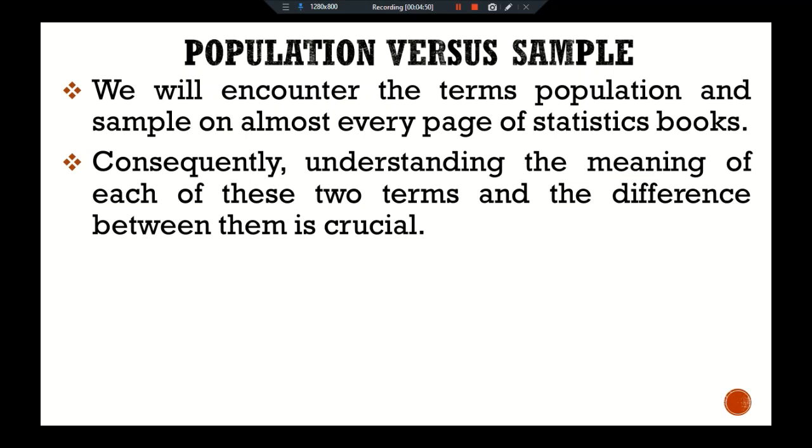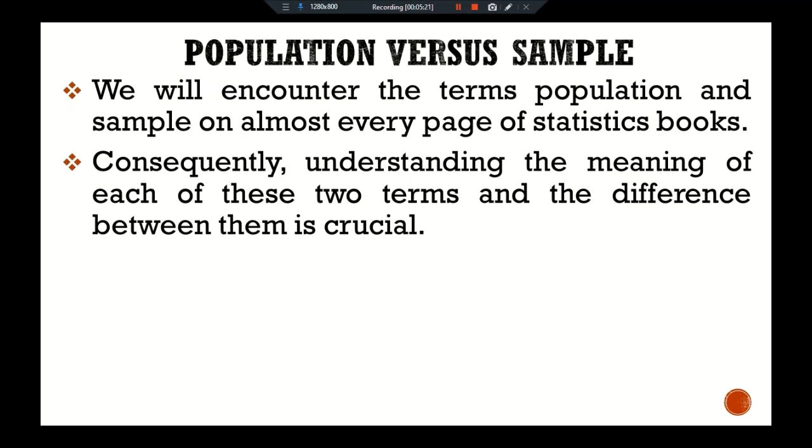The 2009 gross sales of all companies in any particular city, the prices of all houses in a particular city. In these types of examples, the statistician is interested in all voters, all companies, and all houses. Each of these groups is called the population for the respective example.